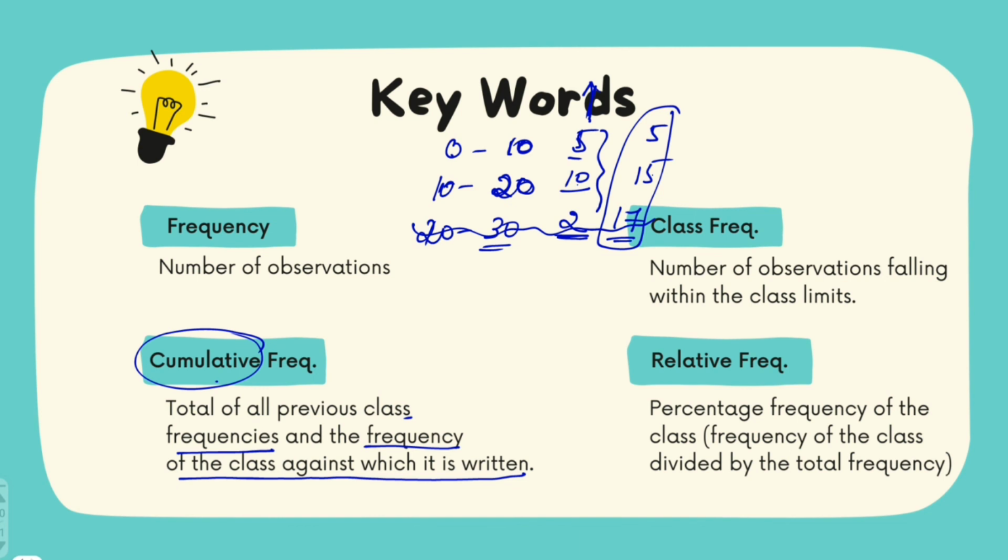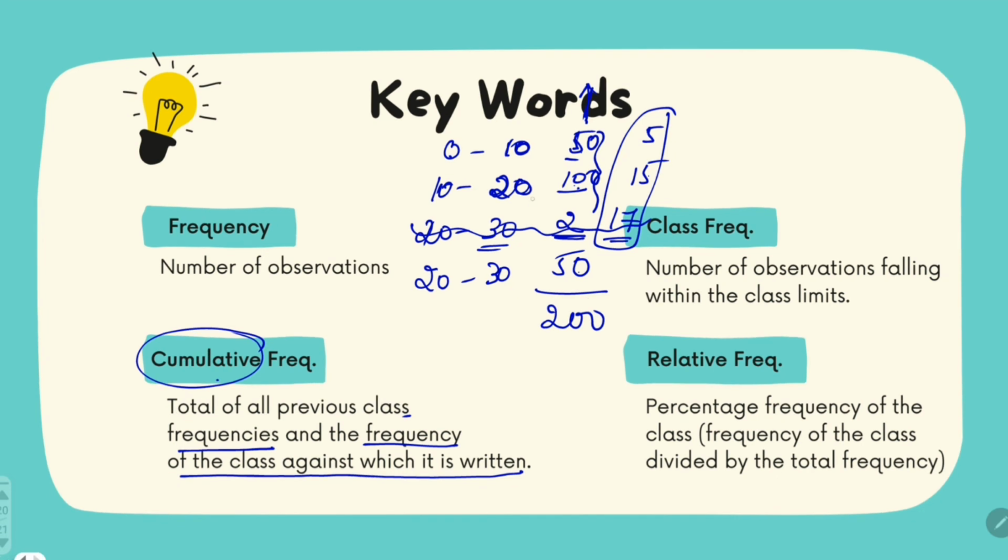Now, total population is how much? Maybe let's say 20 to 30 also, there are 5 people. So total population is how much? Maybe let's say it is 50, 50 and 100. Just for the easiness of calculation, let's say. So it will be 50, 100 and then 50, meaning totally 200.